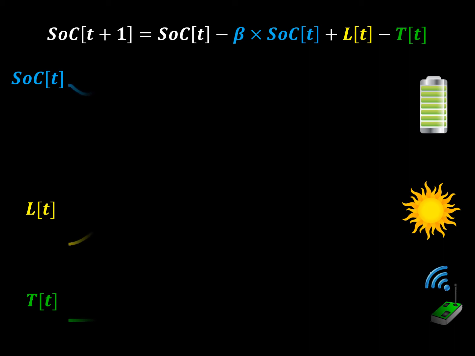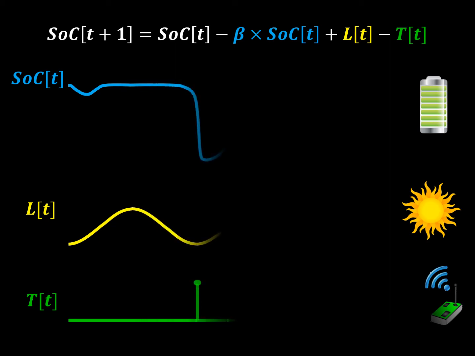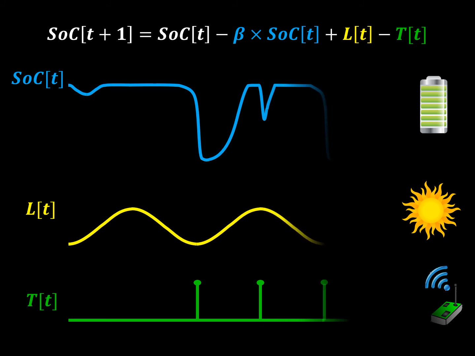So we start from here. The luminosity is increasing, the state of charge is at its maximum value, behaving accordingly, and boom, a measurement was transmitted and a sudden discharge happened. And again, we observe another sudden discharge in the battery. Again, a sudden discharge we have observed due to the transmission of data.